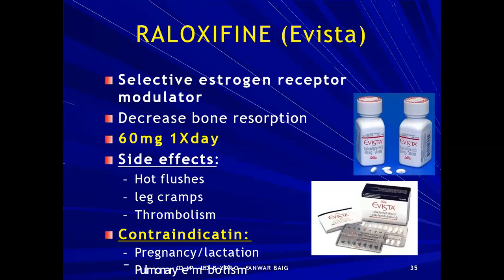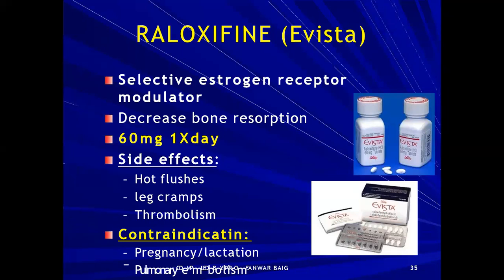The other one is raloxifene, a selective estrogen receptor modulator. It increases bone absorption. It is given 60 milligrams once per day, and the side effects are hot flashes, leg cramps, and thromboembolism. It is contraindicated in pulmonary embolism, in pregnancy, and in lactating mothers.